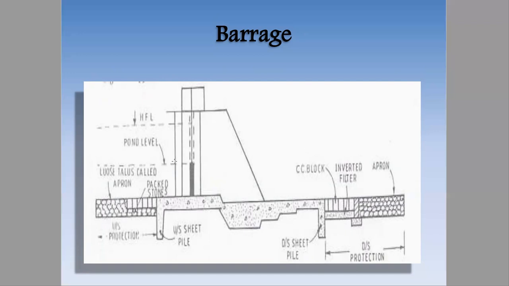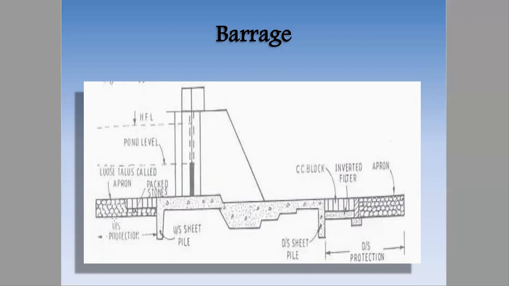Above this level, that is the pond level, we can divert water into canals depending upon requirements. So keep this in mind: pond level, and the highest flood level, HFL.